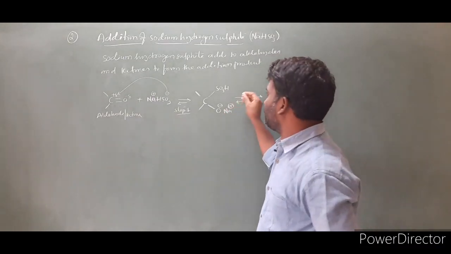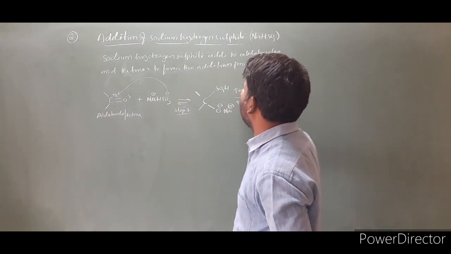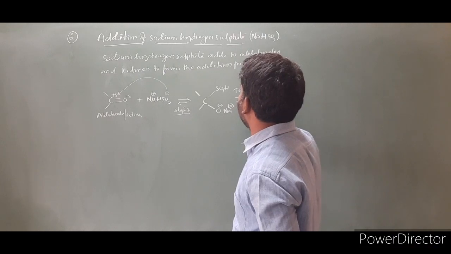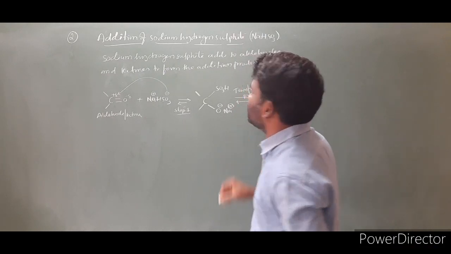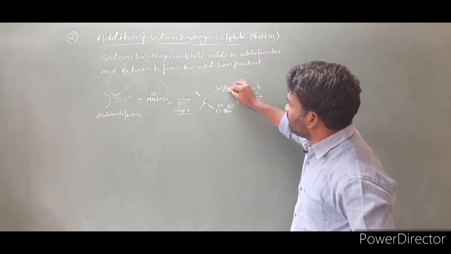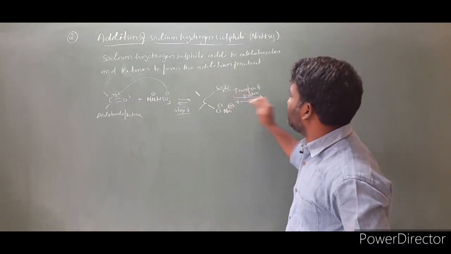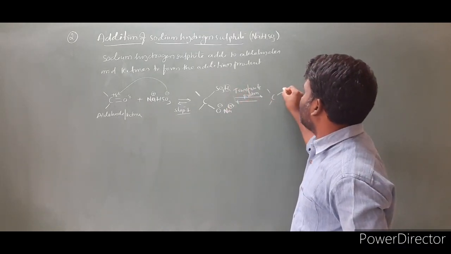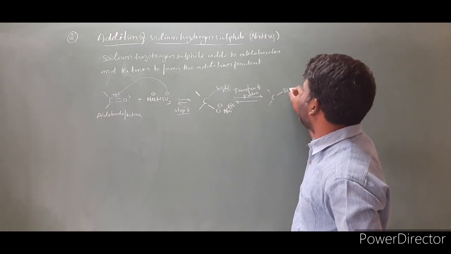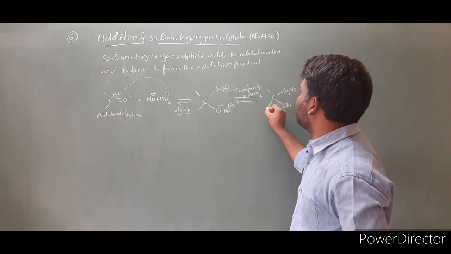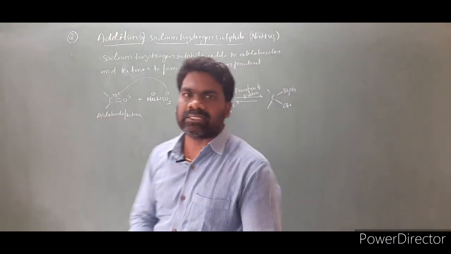There is a transfer of protons. This H will come here, this Na will go there. Then the product is SO3Na and this will become OH. So this is the final product formed in this reaction.